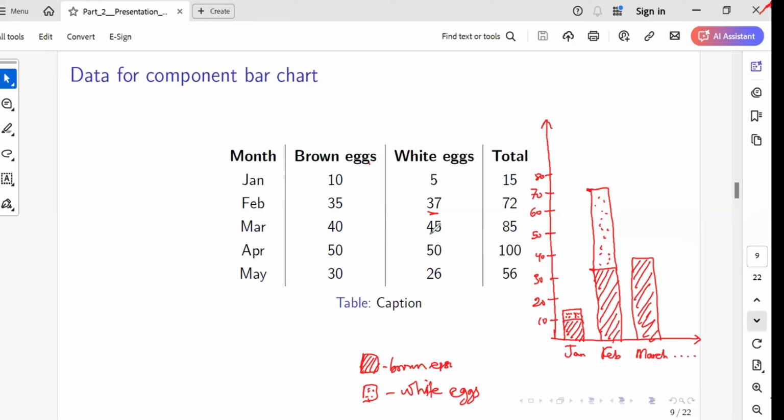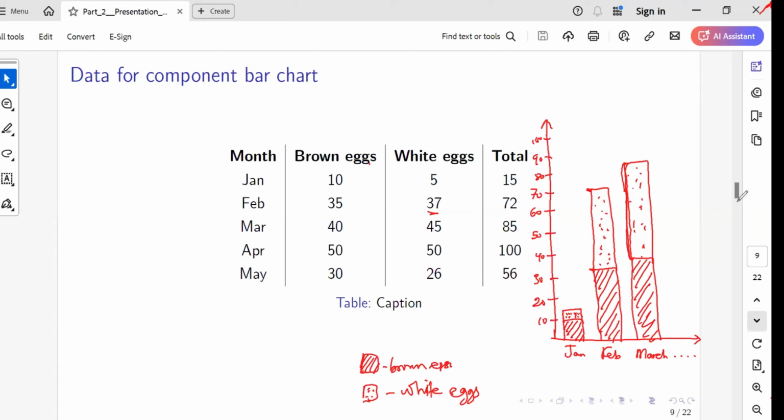So 40 plus 45 is 85: this is 90, and then 100. So I expect to go all the way to 85. Then 85 minus 40 gives the space from here to here, which is our white eggs.